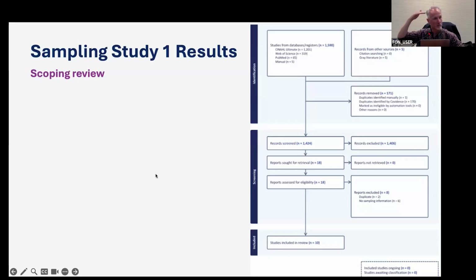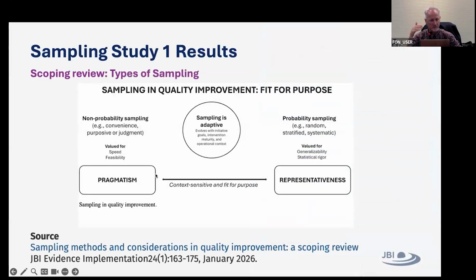And then you sort of like work your way down to convenience and modes of convenience and purposive sampling. And I think I was wrong. So in this scoping review, we looked at all these different studies and the methods of sampling, and we came to this conclusion.